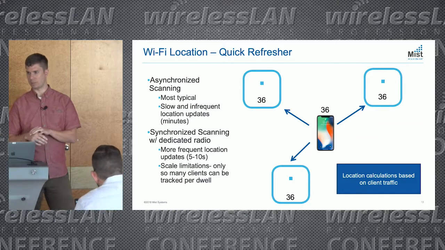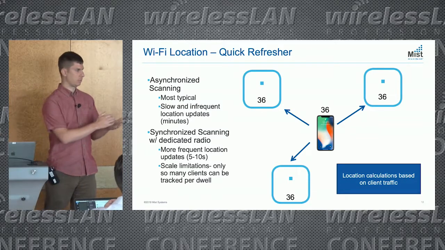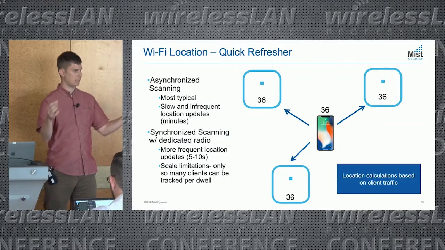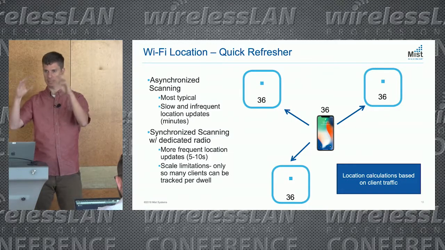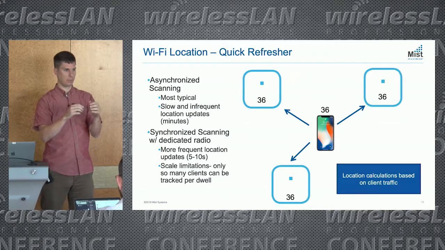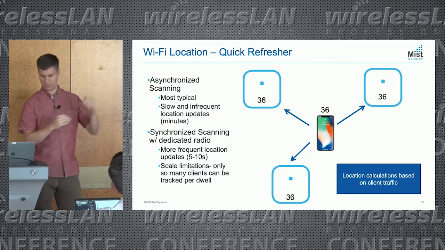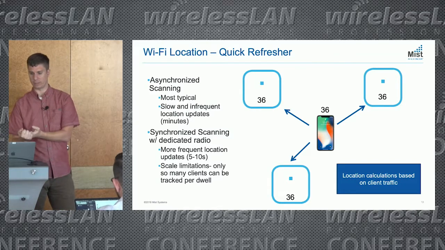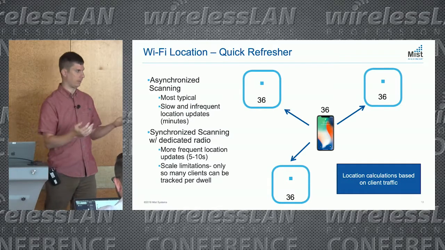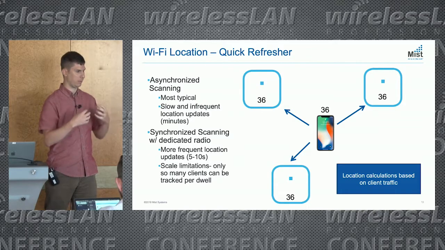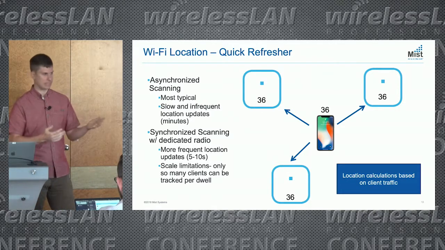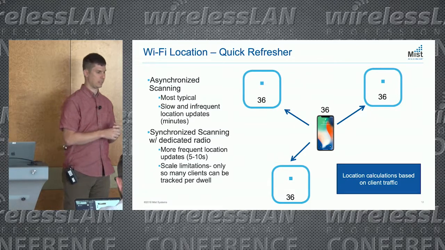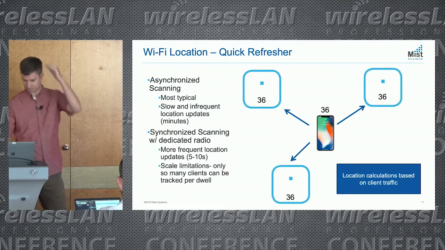However, this comes at the cost of scale limitations, because as you synchronize your channels and you have, say, 3 or 4 APs all scanning channel 36 at the same time, only so many clients can transmit during that single dwell. The location calculations are based on client traffic. The APs have to be able to hear the client, and only so much traffic can happen during that dwell. So it makes sense that you're limited in your scalability with that.